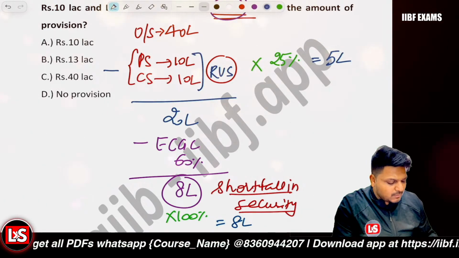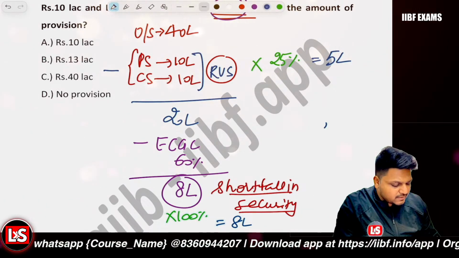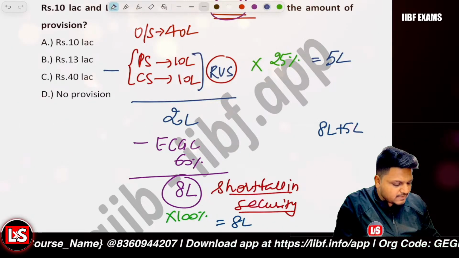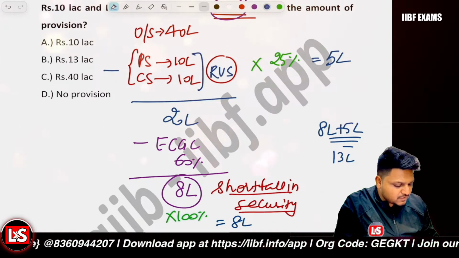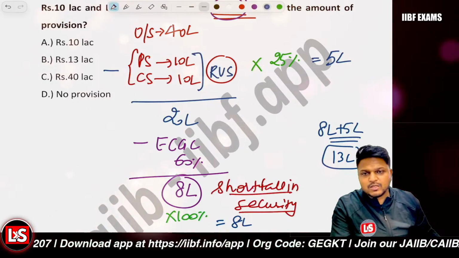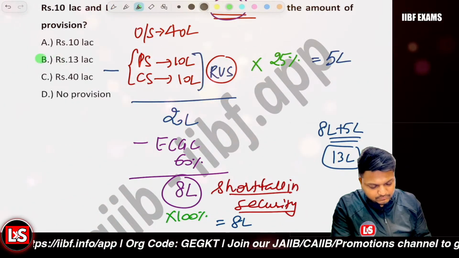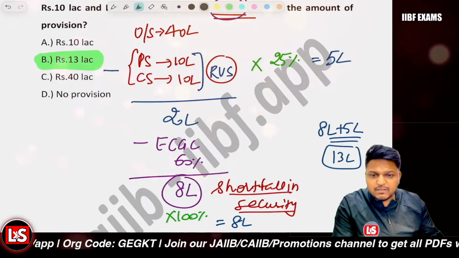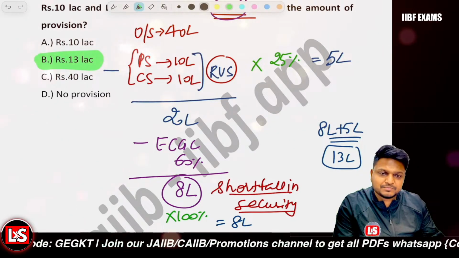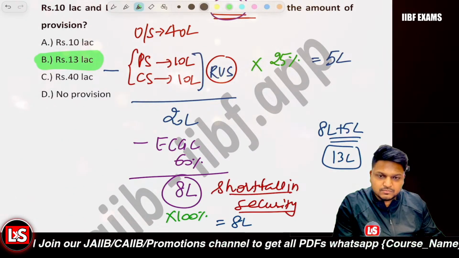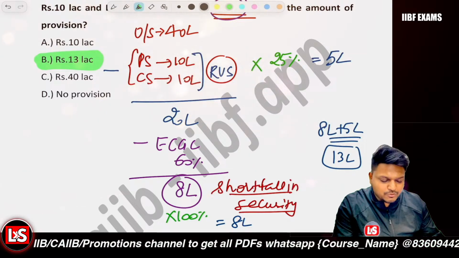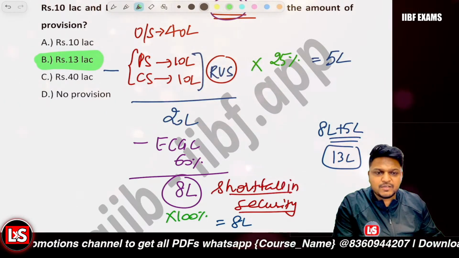The total will be 8 lakh plus 5 lakh, equal to 13 lakh rupees. So the answer is 13 lakh here. Option B will be the correct answer.